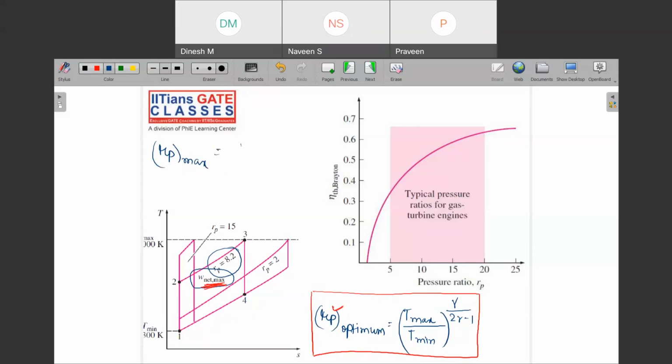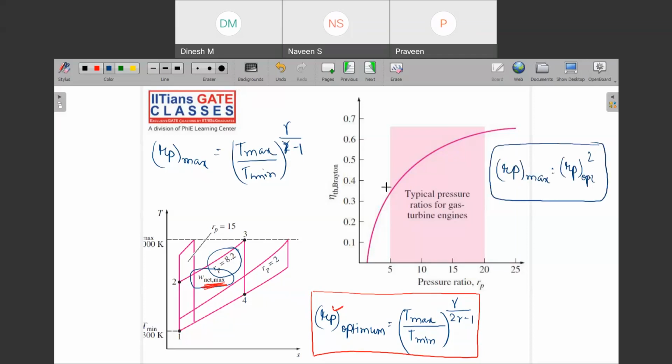This is nothing but T max upon T minimum to the power gamma upon gamma minus 1. So can you see that RP max is nothing but RP optimum's whole square? Can you see?